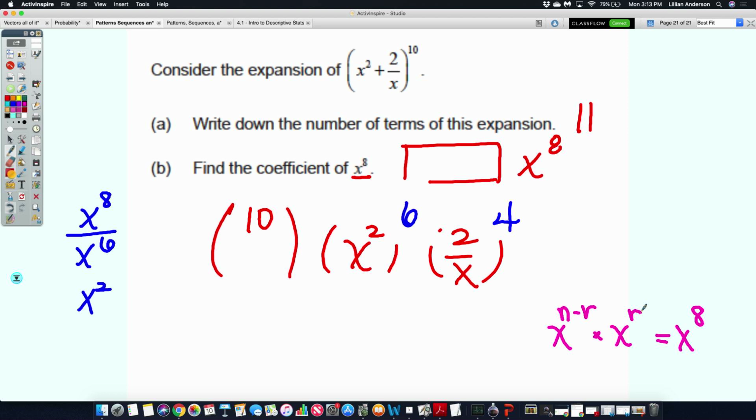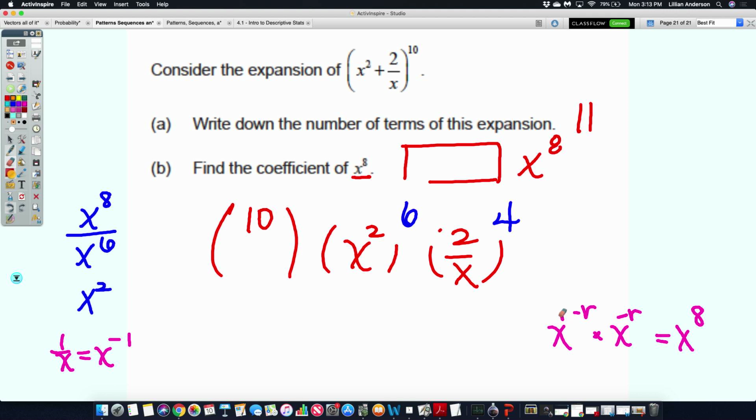Because this x is in the denominator, technically this would be to the negative r. Does everybody understand why? 1 over x can be written as x to the negative 1. And because your exponents for both of these parentheses have to be n minus r and then r, that turns into a negative.